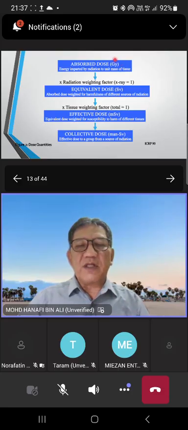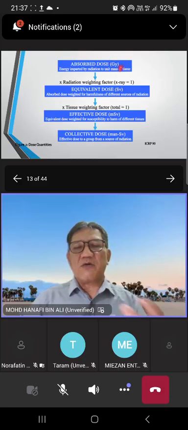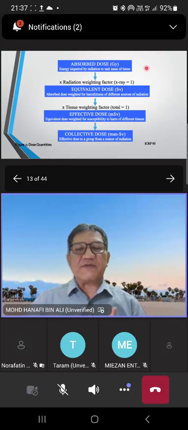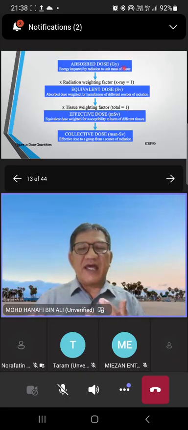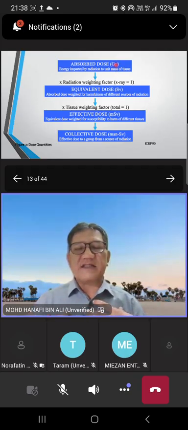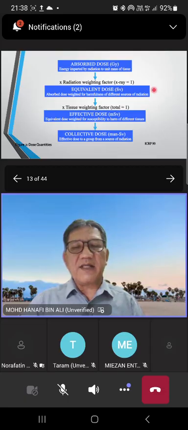Then we compare to the tissue factor, because our body has various absorptions, attenuation of radiations, so we have, let's say, breast, gonad. They have different absorption and different hazard or effect. Yeah? So the whole body equals 1. So the unit now changed to millisievert.